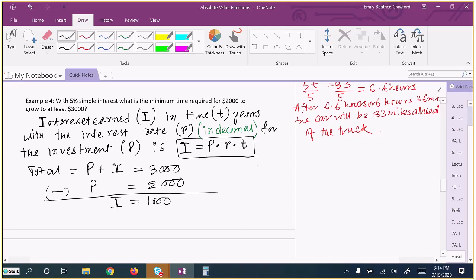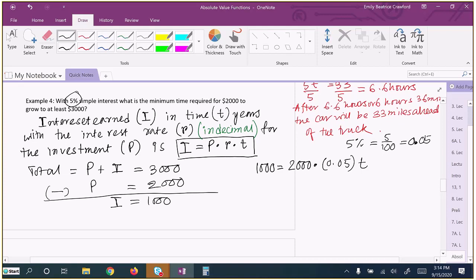And then by the formula, 1,000 should be equal to principal invested, 2,000, times rate of interest. Remember, the rate of interest is 5%, and I'm going to change it to the decimal expression. So I divide by 100 and I get 0.05. So times 0.05, and t is what we want to know.